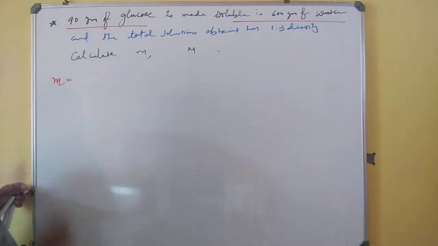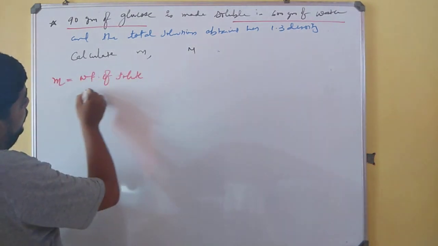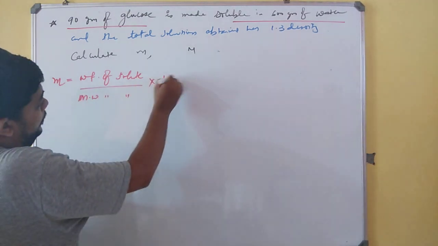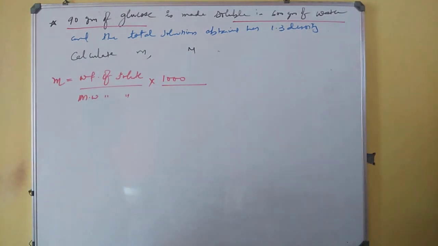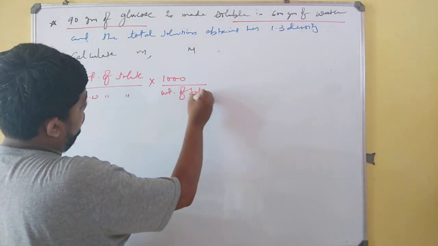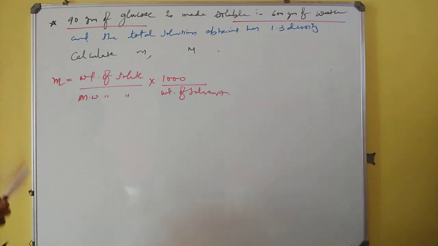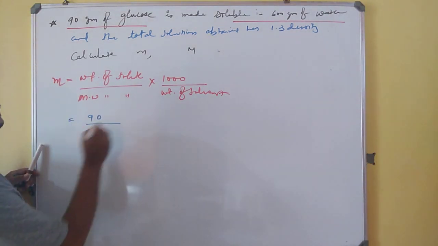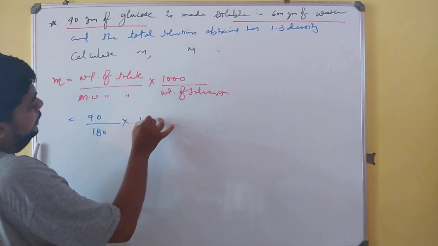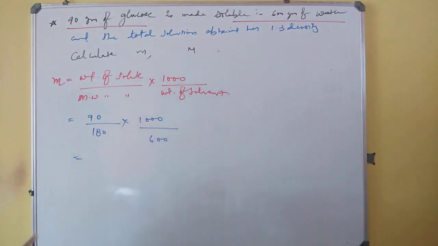So molality is equal to weight of solute, molecular weight of solute, multiply by 1000 divided by weight of solvent. I am writing weight of solvent because of molality, and therefore it will be 90 divided by molecular weight of glucose 180, into 1000, divided by weight of solvent, that is 600.